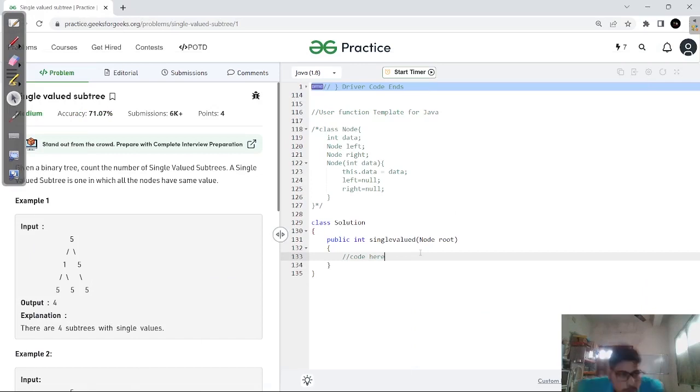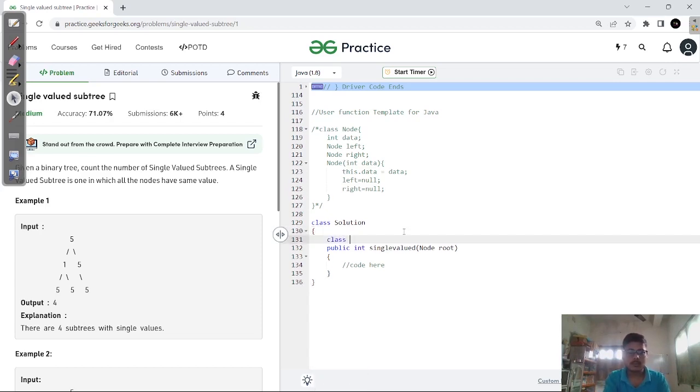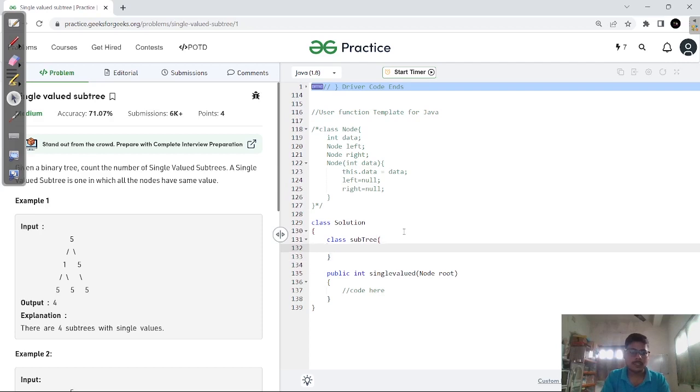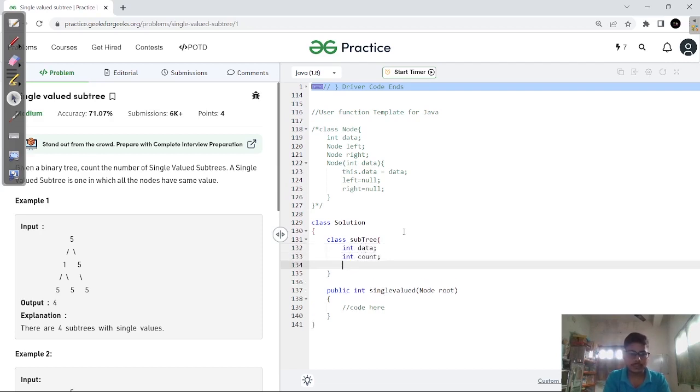So what we will do here is we will create a class. Okay, we will create a class first. Let's call it SubTree. Okay, and it will take values of the root's data, count till its node, right?